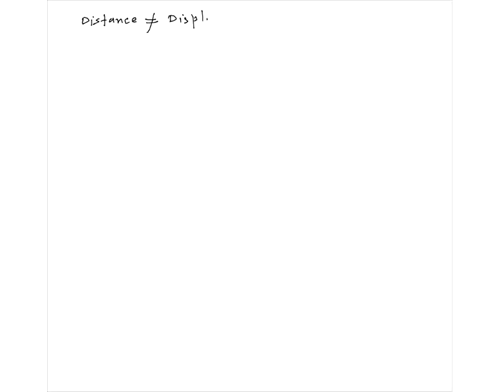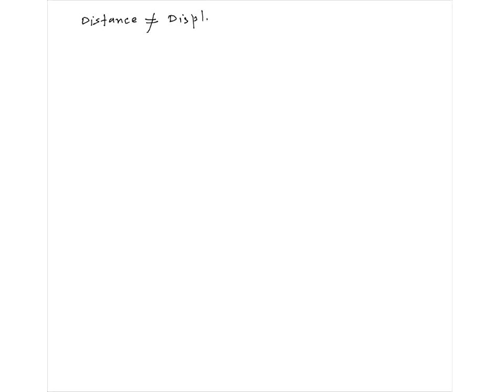So that's a technical answer. But what you are asking, I think, is magnitude. If you are asking is distance equal to the magnitude of displacement, then the answer is yes. Any question?